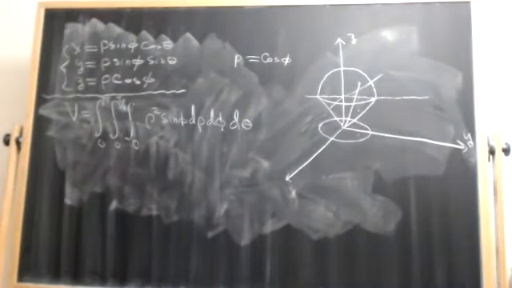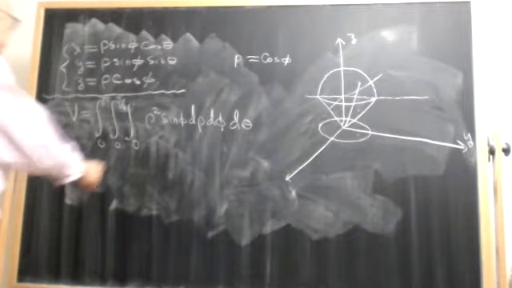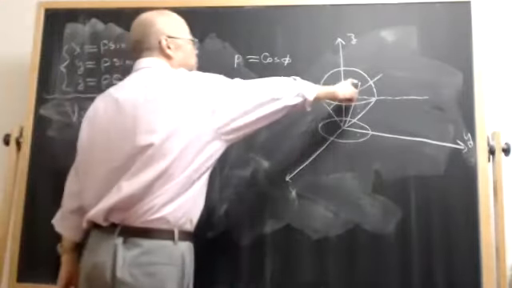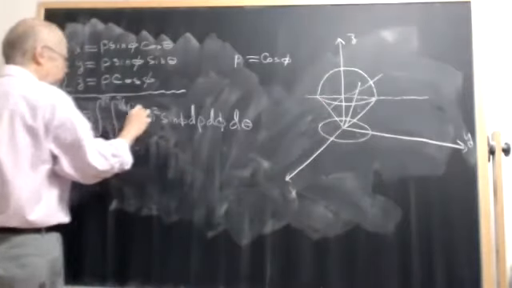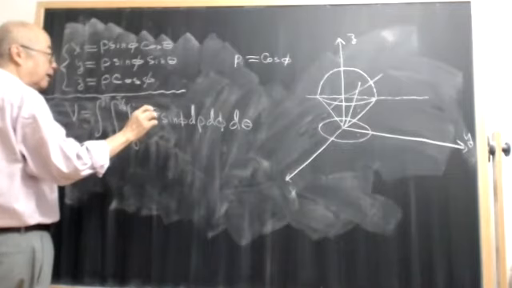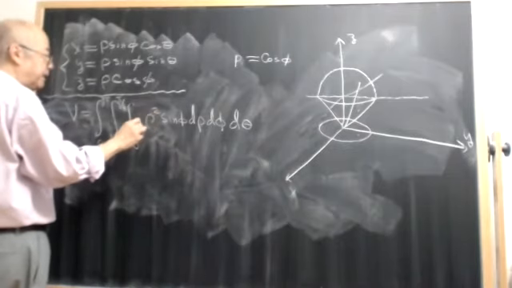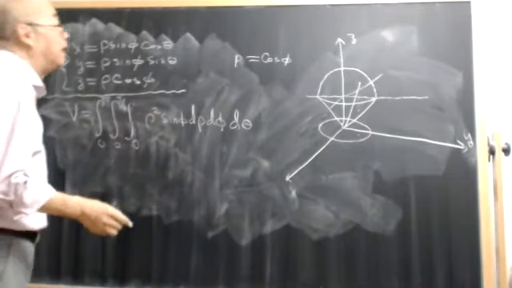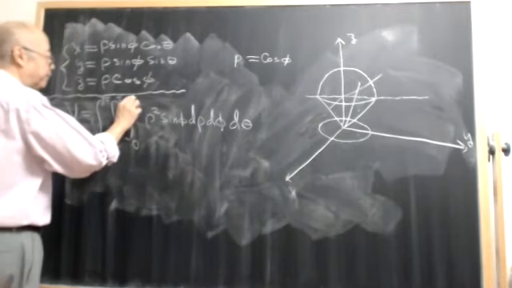Let me double check. Yeah. So rho goes from 0 to the sphere. So it's going to be cosine phi.